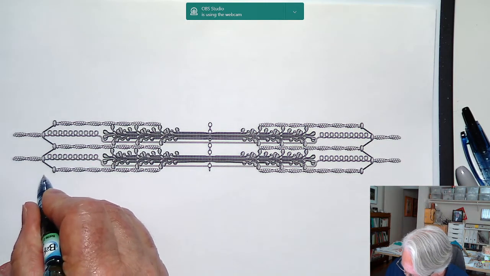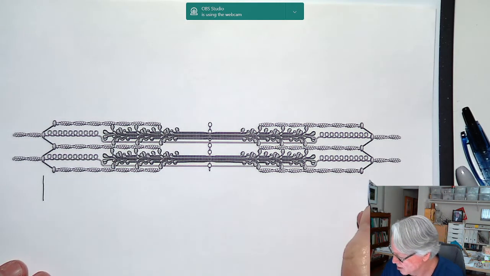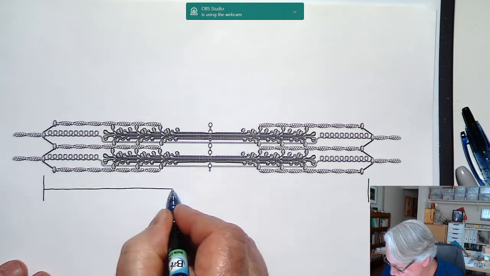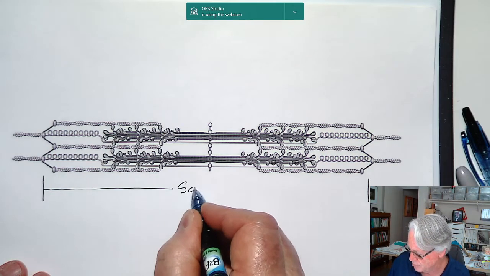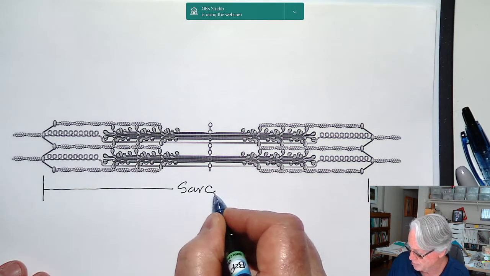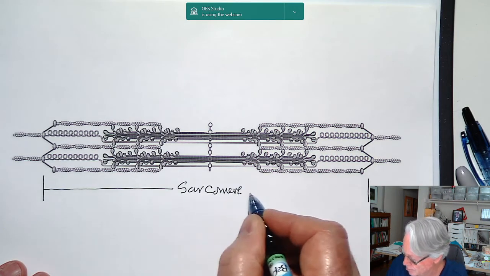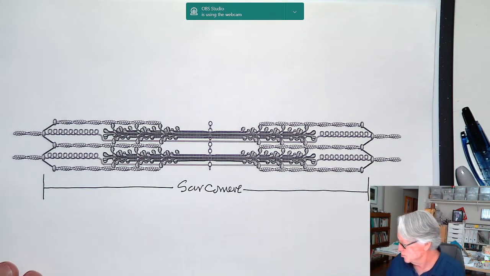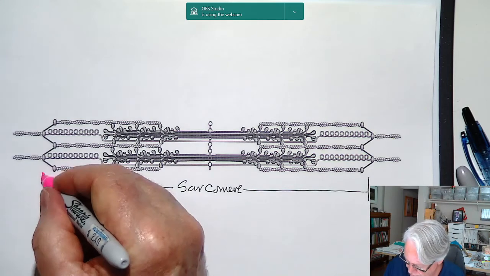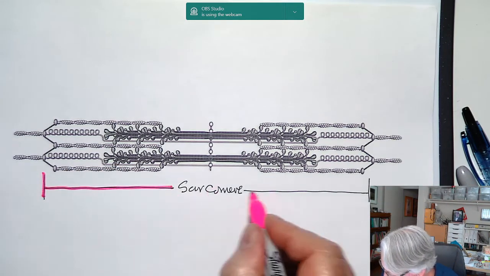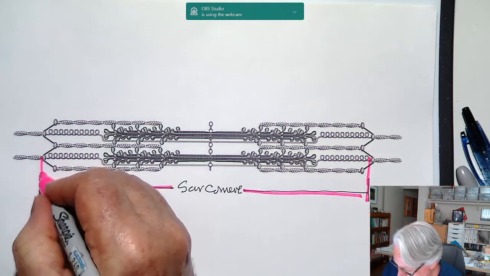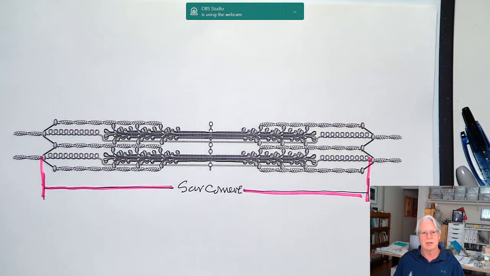So I'm going to put a line here, put a line there, and I'm going to go here, and this is my sarcomere. And let's do pink. Okay. That's my sarcomere.